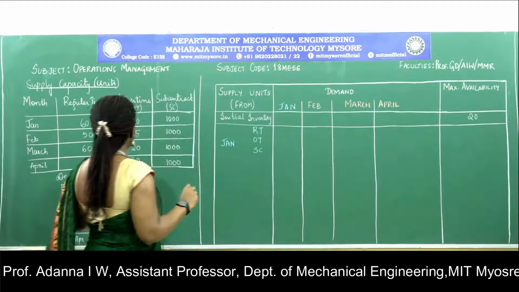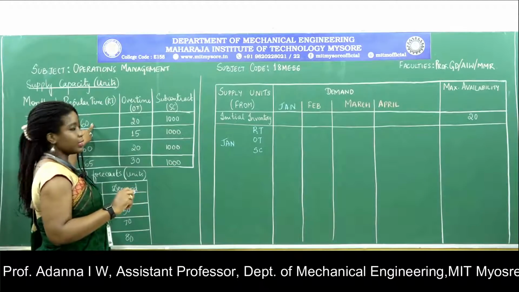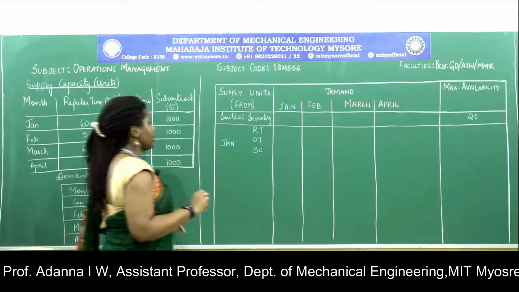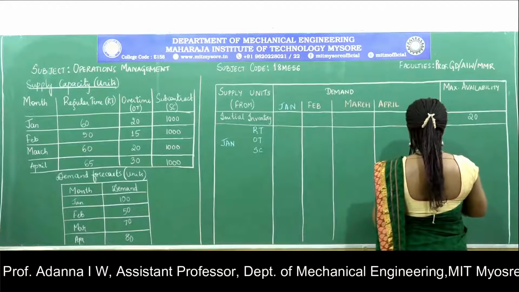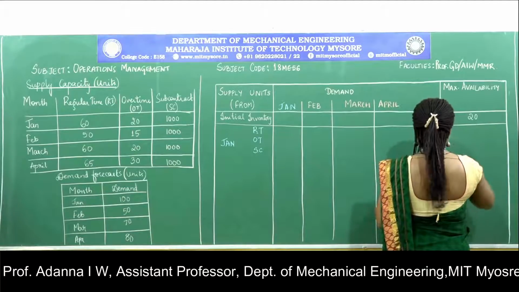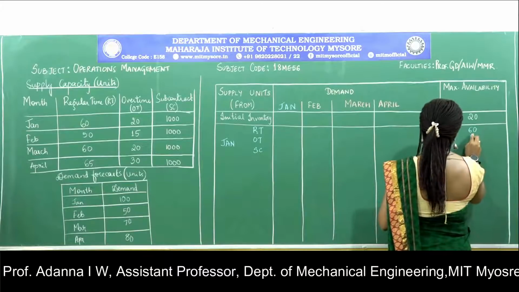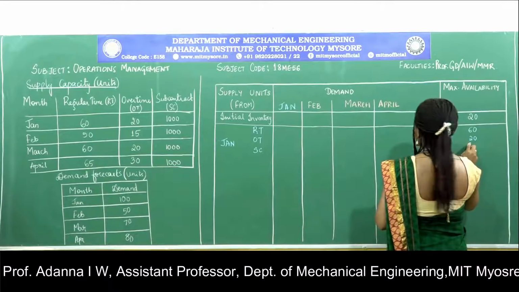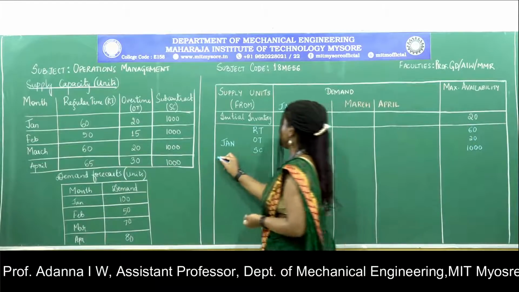Regular time availability, take it from the supply capacity. For the month of January, regular time availability is 60, overtime availability is 20 and subcontracting is 1000. So you write here, regular time 60, overtime 20 and subcontracting 1000. So this is the information for the month of January.